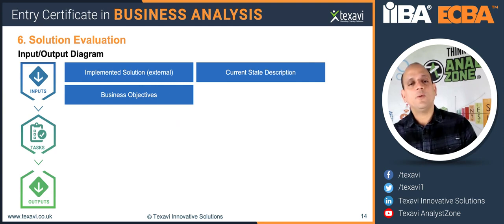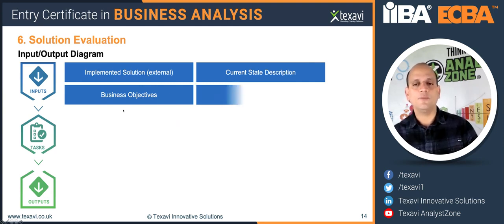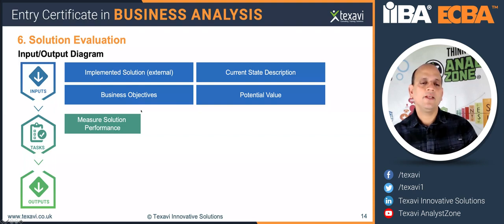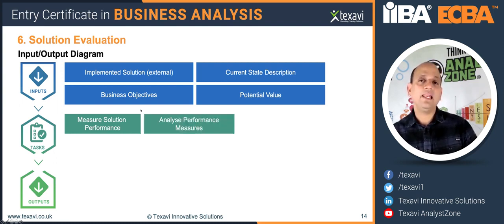Another input could be the business objectives, the plan, the vision, the solution scope, and the potential value. What we do here is measure the solution in terms of performance, how it's performing, the functional and non-functional aspects of it. And then we analyze each of those measures, metrics, KPIs and critical success factors.